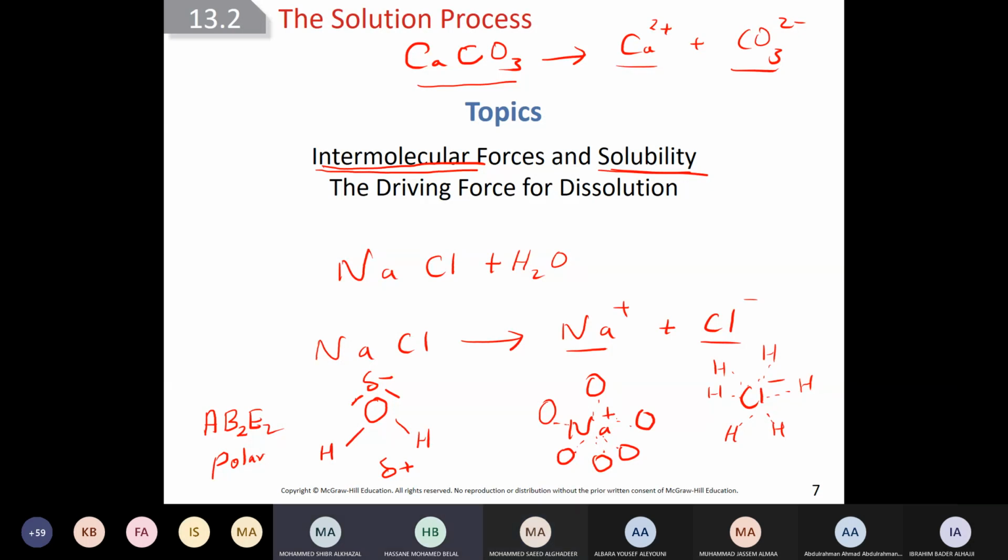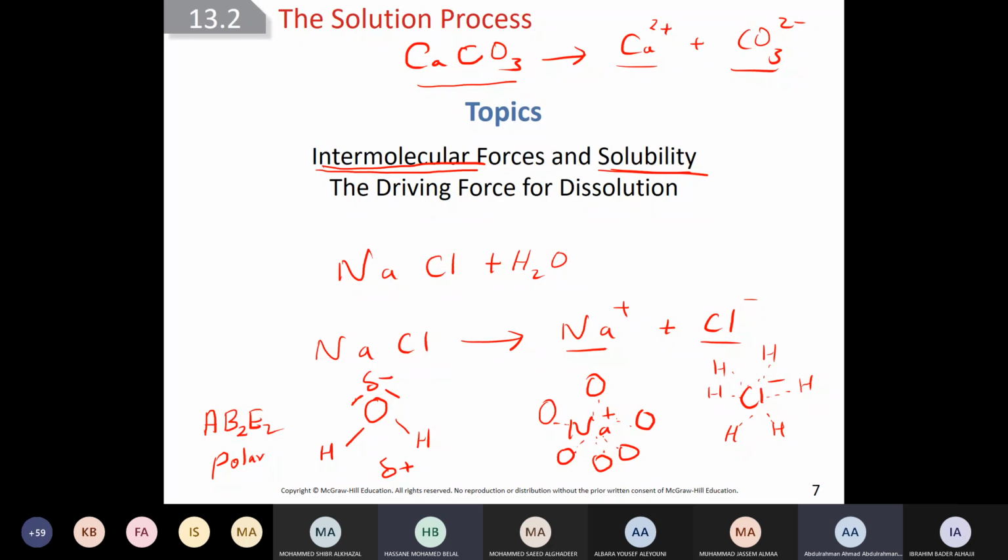Because its charge is huge, plus 2 and minus 2, not plus 1, minus 1. Maybe because the intermolecular force is very great in this. Okay, good. Yes, actually, this is one of the reasons. So if the charges are high, why doesn't it dissolve? They stay together.